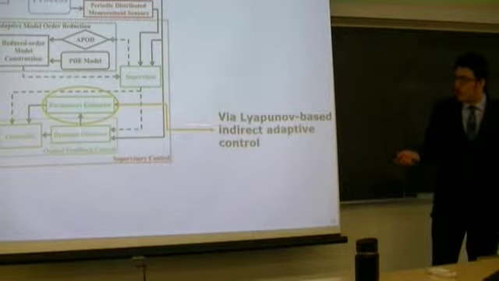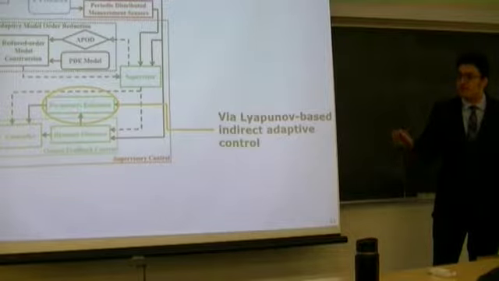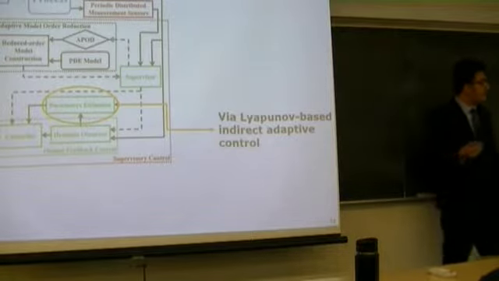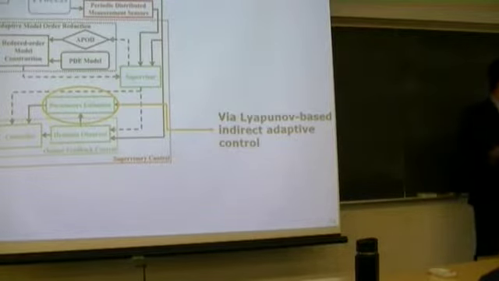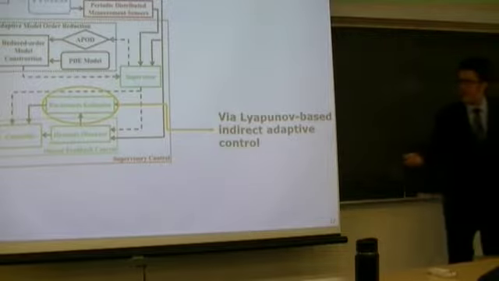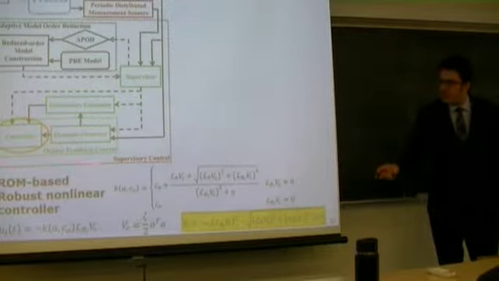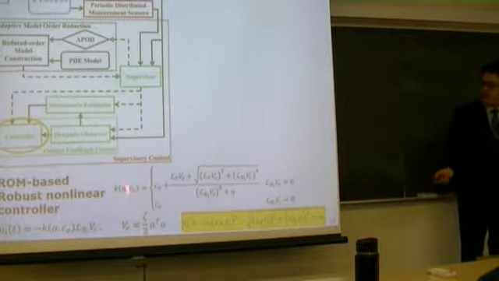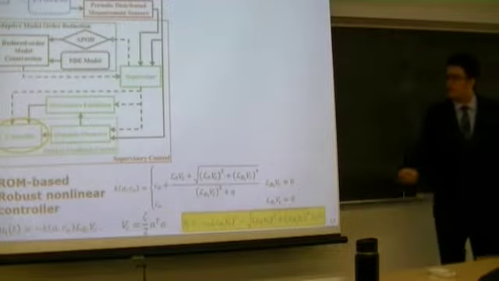We also use a parameter estimation layer, a system identification layer, combined with the controller via Lyapunov-based indirect adaptive control to identify the unknown parameters of the system, by defining the Lyapunov function over the error of the estimated parameters. And then we develop a nonlinear controller to handle the closed loop performance, which guarantees the closed loop stability.